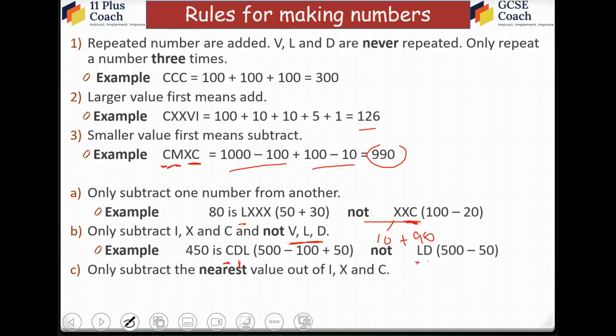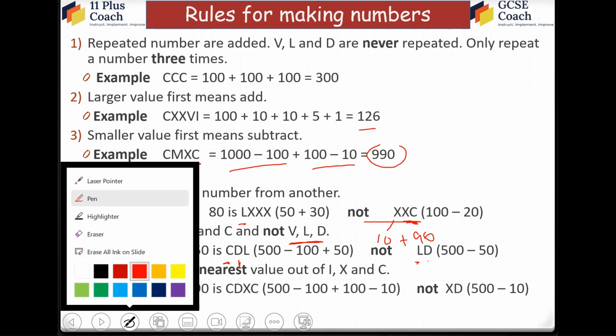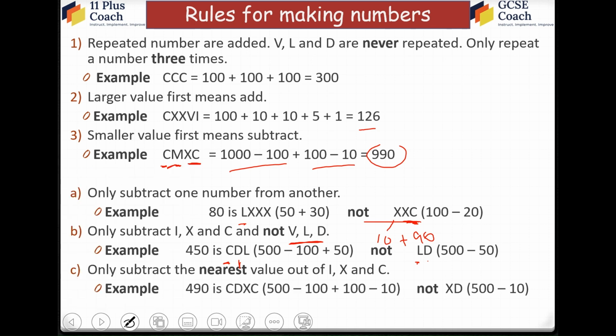The next one is only subtract the nearest value out of I, X, and C. Now, what do I mean by that? If I was to write these values here, we said earlier, you have I, V, X, then L, C, D, sorry, I said the other way around.